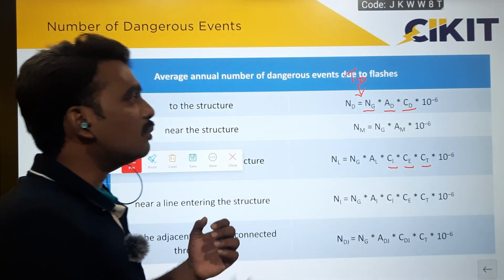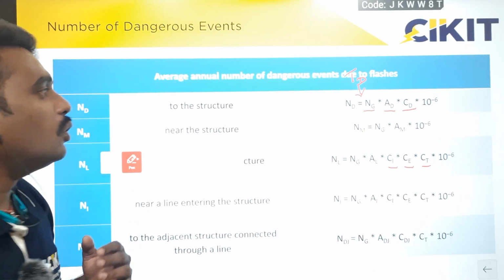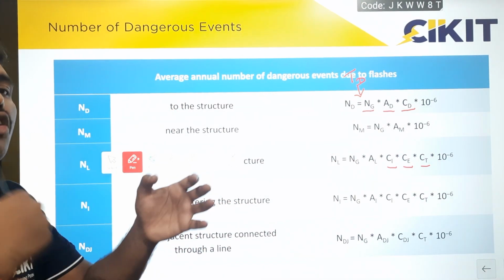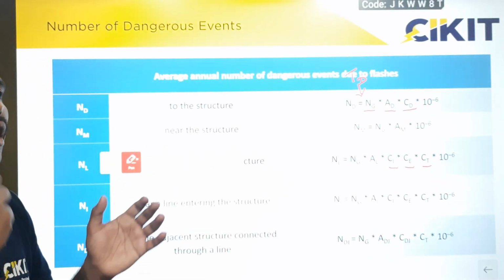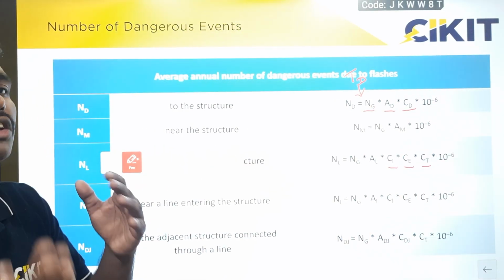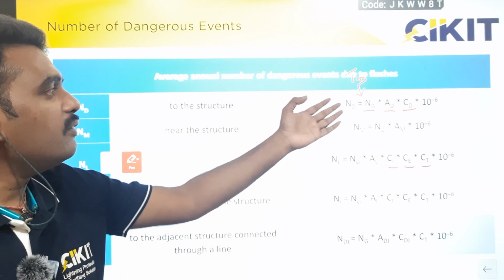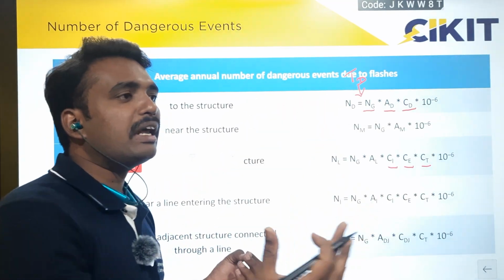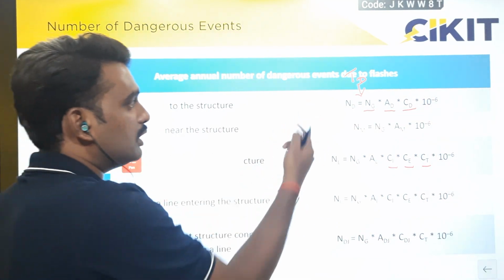The number of thunderstorm days plays a major role in the number of dangerous events. Here the location factor comes into the picture, because for different locations the number of thunderstorm days will be different. So we have to consider whether the number of thunderstorm days in that particular area is higher or lower.